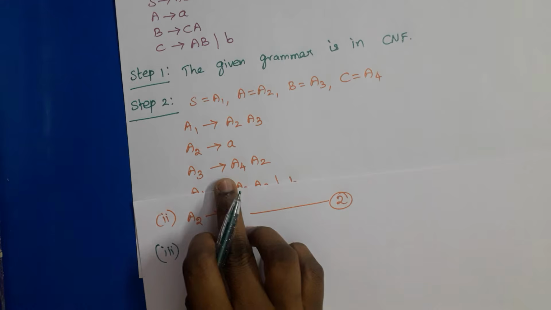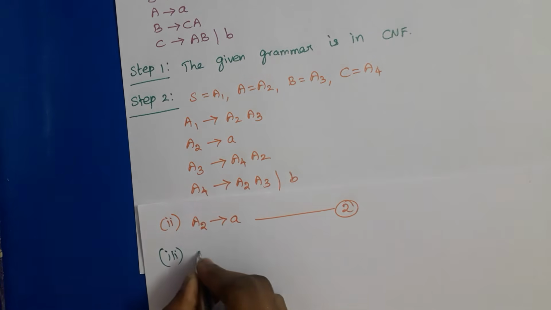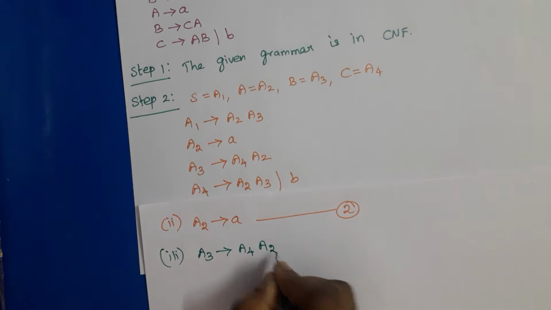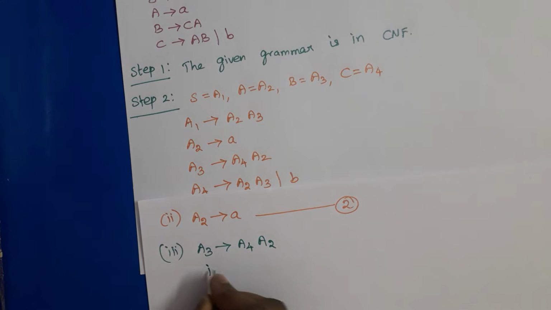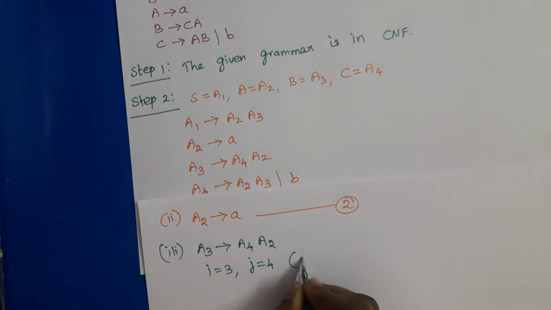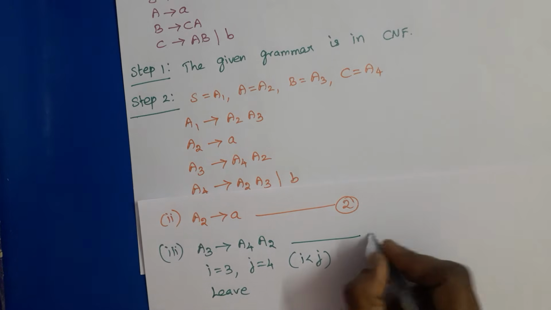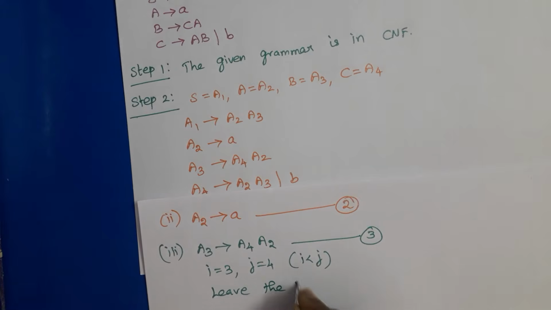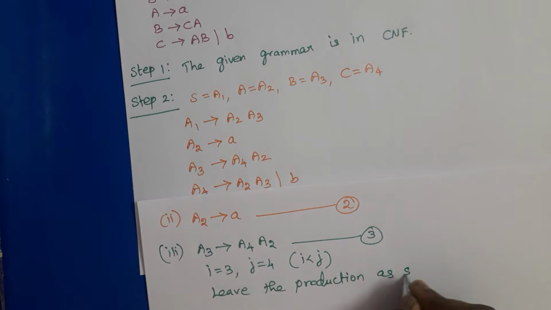A3 implies A4 A2. So here i is 3 and j is 4, right? So i is less than j, so leave the production as such. So this is equation number 3. Don't do any operation now. Leave the production as it is.